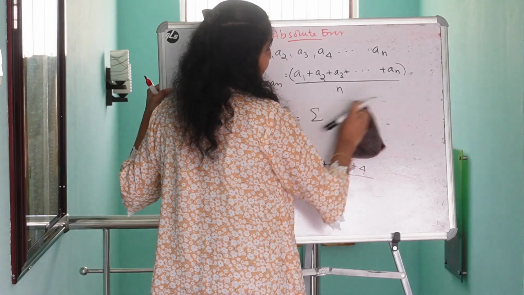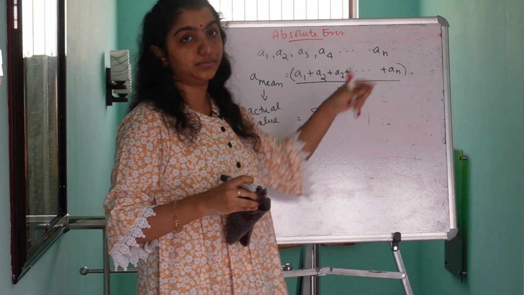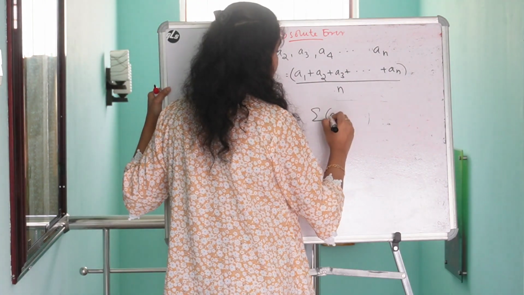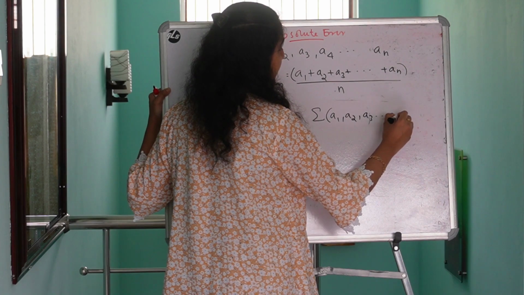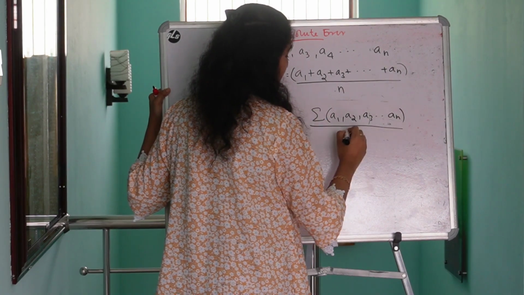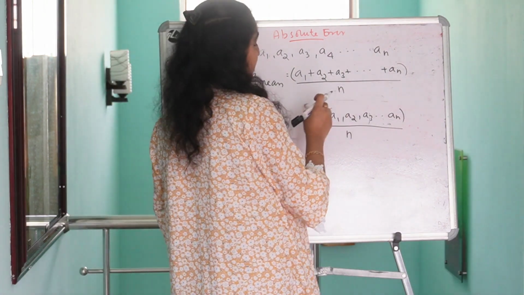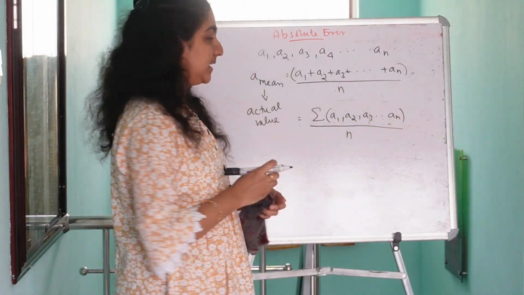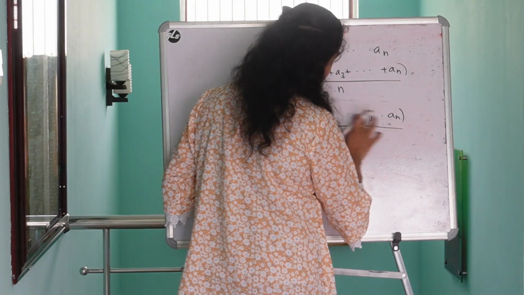So here, instead of writing A1 plus A2 plus A3 up to An, we can write sigma A1, A2, A3 up to An divided by the total number of measurements, that is n. Is it clear? Again, we can write it in a simpler way.